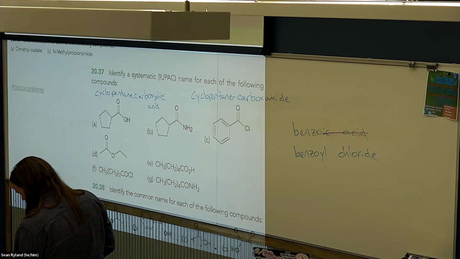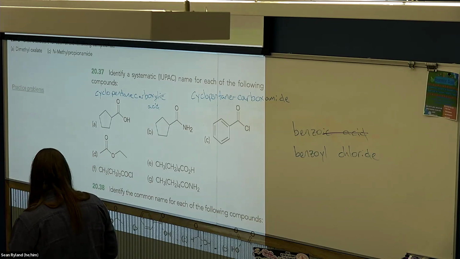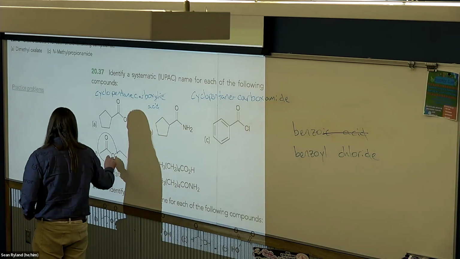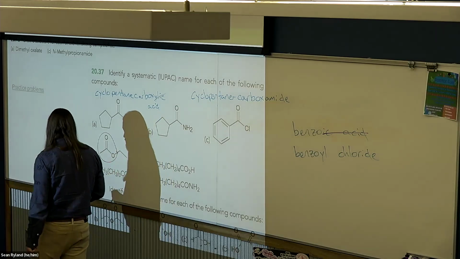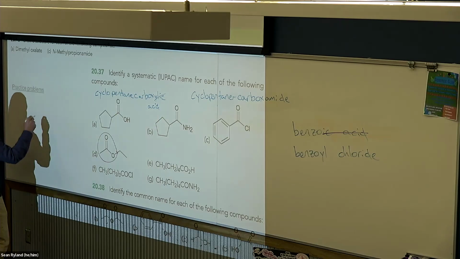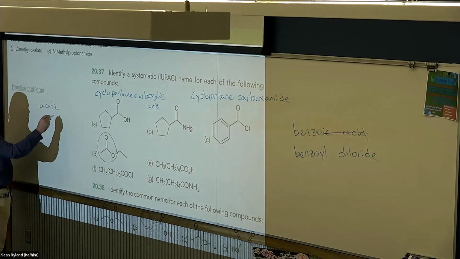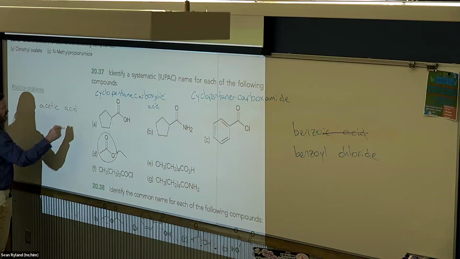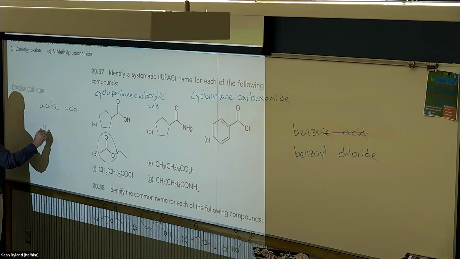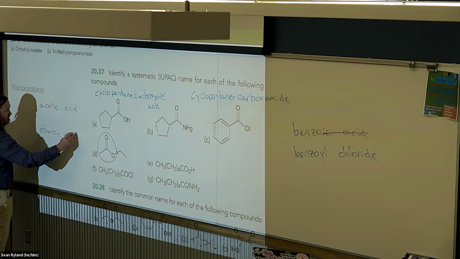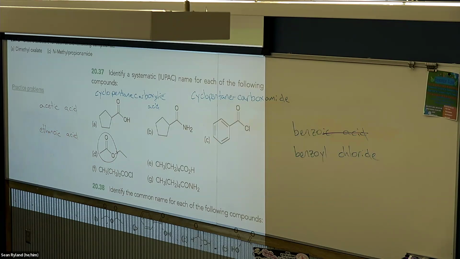So the parent molecule stops after the O that's in the carbons. Correct. So if this was the acid, it'd be acetic acid or ethanoic acid, which I think technically is ethanoic acid.